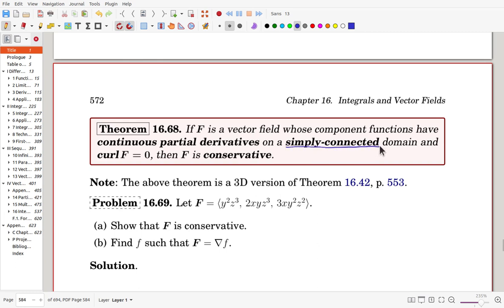Once the domain is simply connected, meaning the vector field has good quality, then curl 0 implies conservativeness, so that eventually they are the same. Once the vector field has good quality, so that you can find a simply connected domain having continuous partial derivatives, then conservativeness and zero curl are the same.